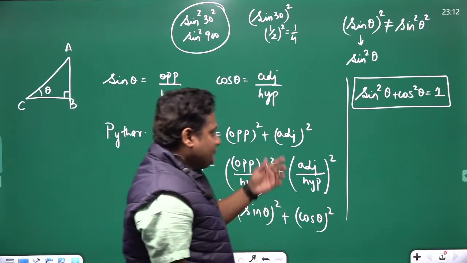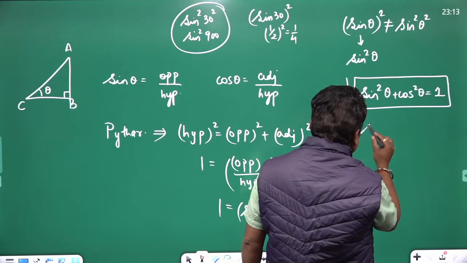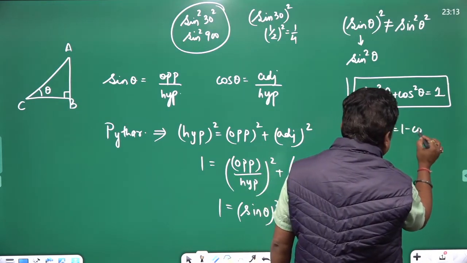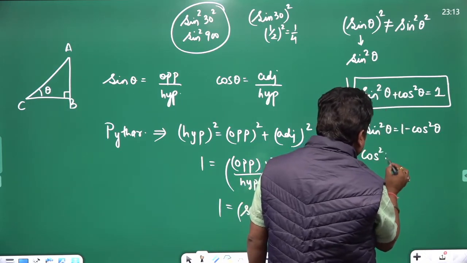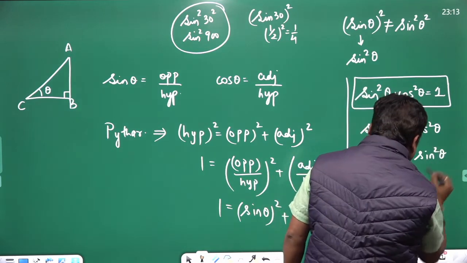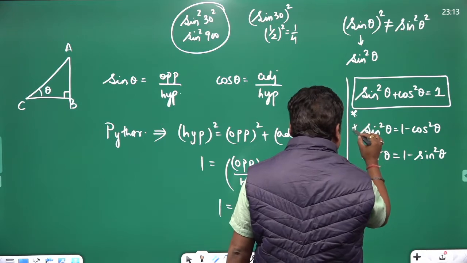We have to learn this formula in a 3-way. This is one of the ways. Another way is that we can rewrite sin square theta is equal to 1 minus cos square theta, and also we can rewrite it as cos square theta is equal to 1 minus sin square theta. So we have to learn this formula in a 3-way.